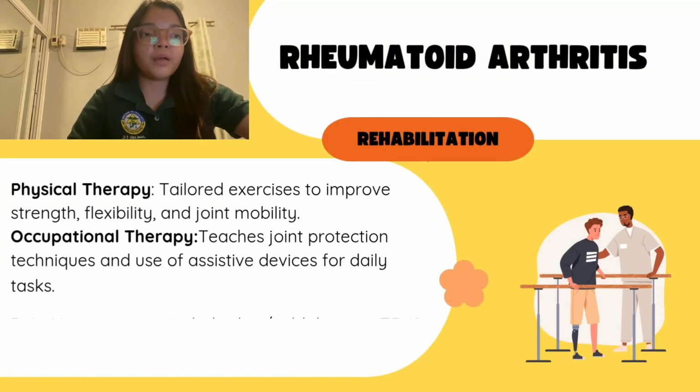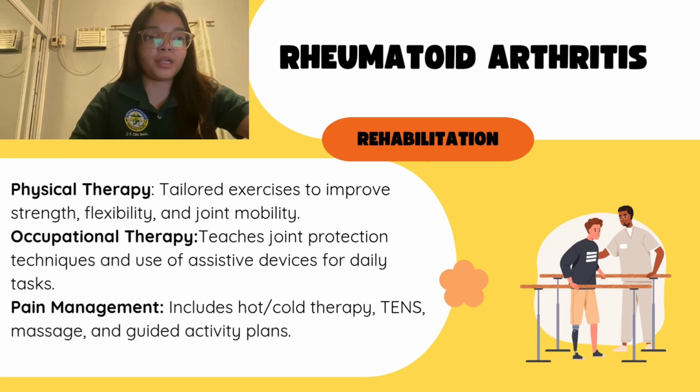For the rehabilitation: physical therapy, tailored exercise to improve strength, flexibility, and joint mobility. Occupational therapy teaches joint protection techniques and chooses assistive devices for daily tasks. Pain management includes hot and cold therapy, TENS, massage, and guided activity plans.